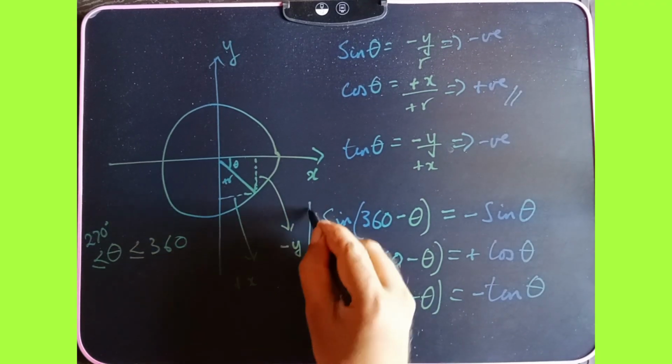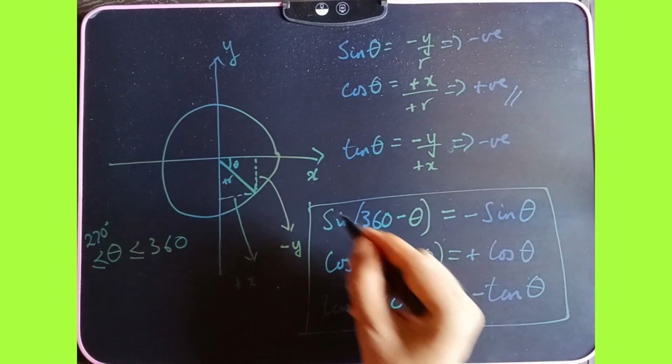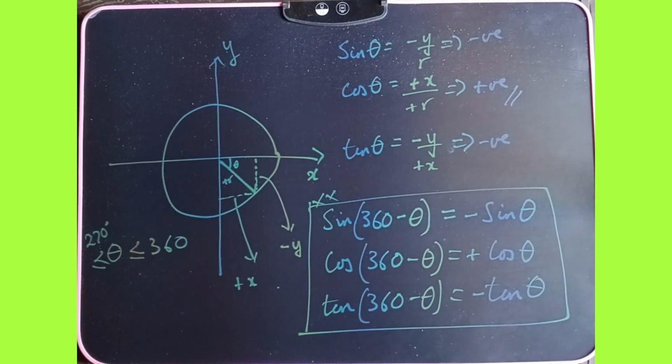Okay, this is the summary. This is how you're supposed to derive the values in terms of sine for the various ratios.